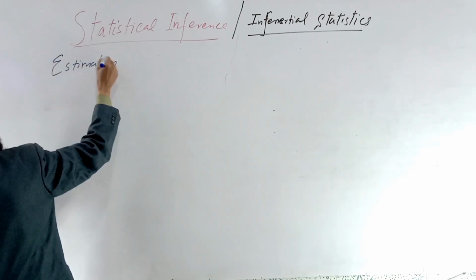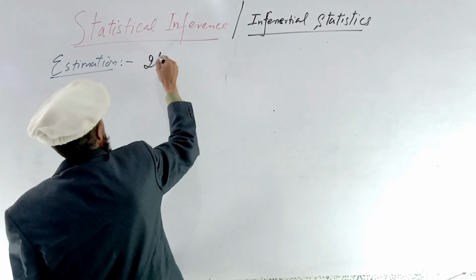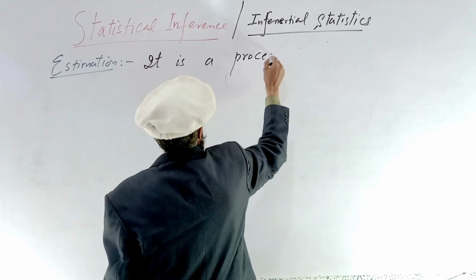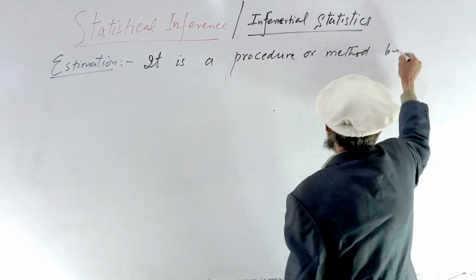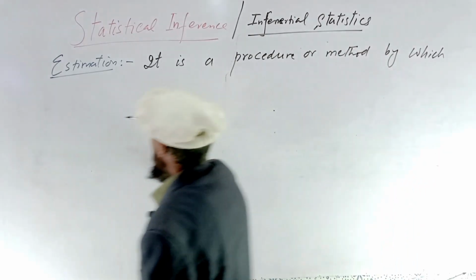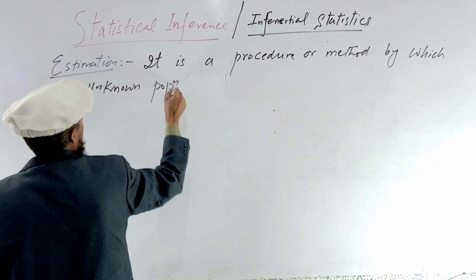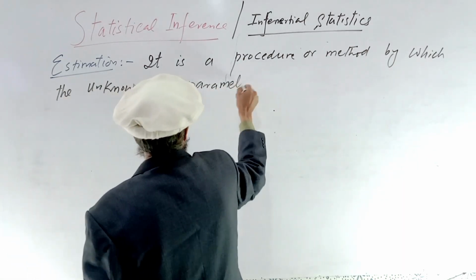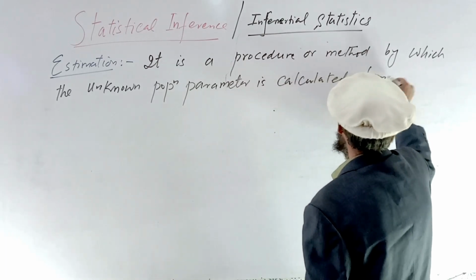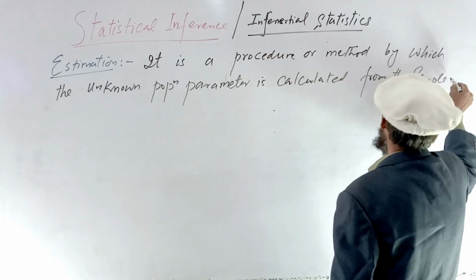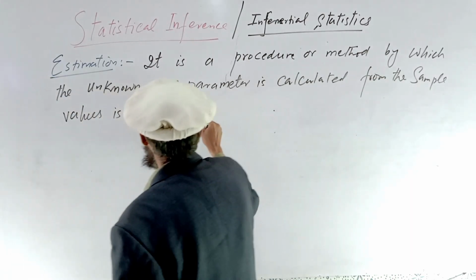Estimation. It is a procedure or method by which the unknown population parameter is calculated from the sample values, and it is called estimation.